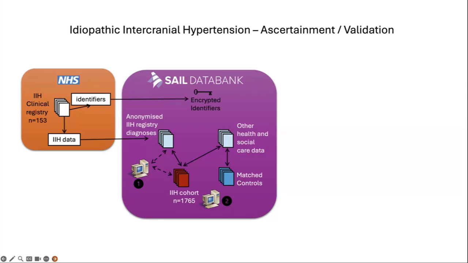To illustrate a point, there's a very similar but quite different condition called idiopathic intracranial hypotension. Instead of the pressure being too high, the pressure's too low, hypo as opposed to hyper. What we found is that quite a significant minority of these cases have the wrong code in primary care.